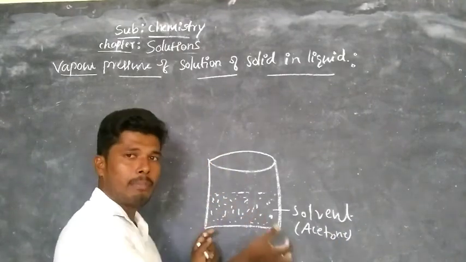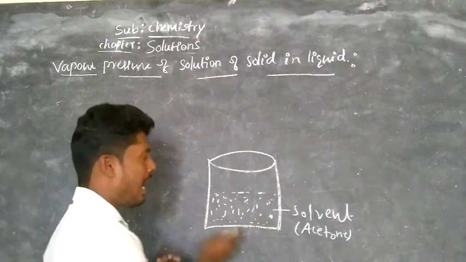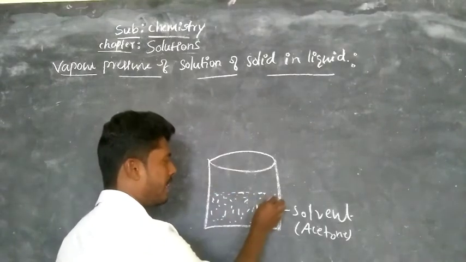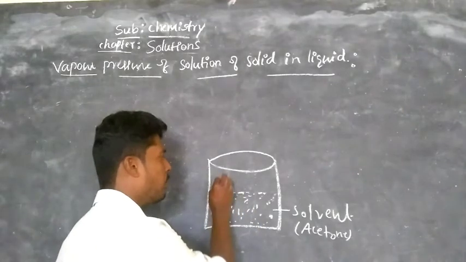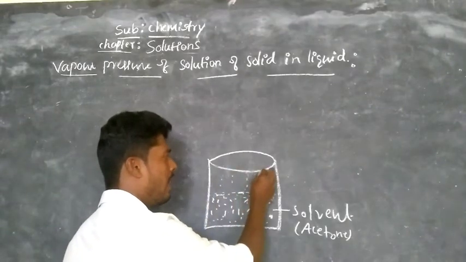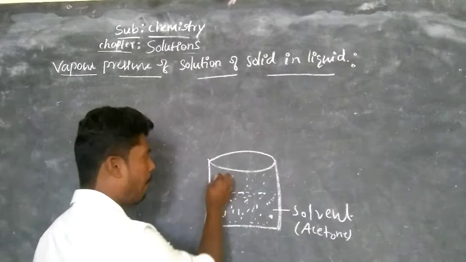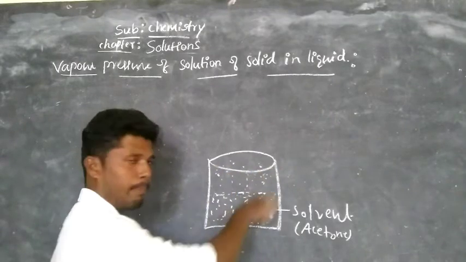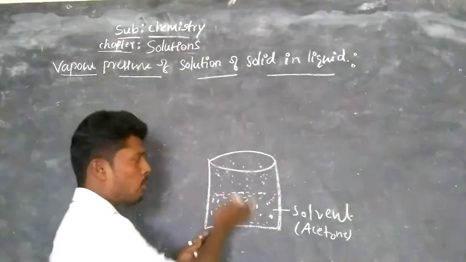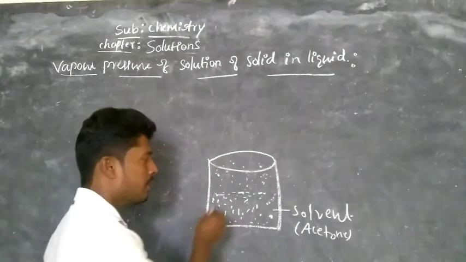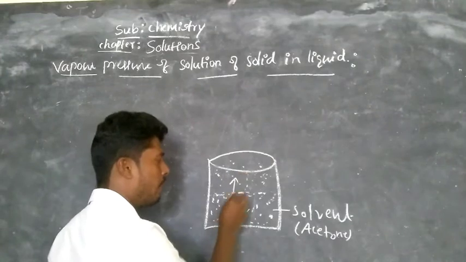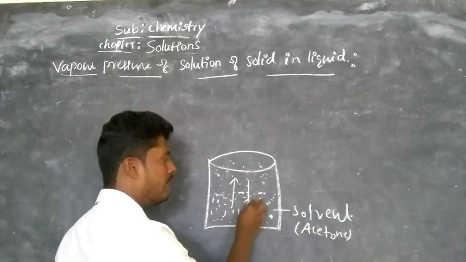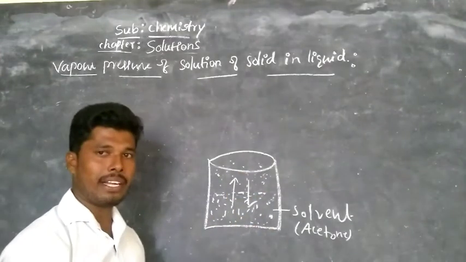This beaker absorbs heat from the surrounding, and some of the particles present on the surface start to evaporate, and these particles occupy the space or volume inside the beaker. This process happens until equilibrium is attained between vapors of the acetone and the acetone solvent.